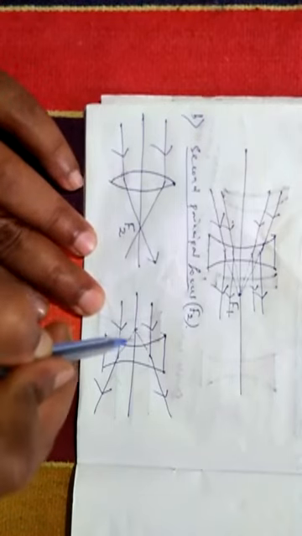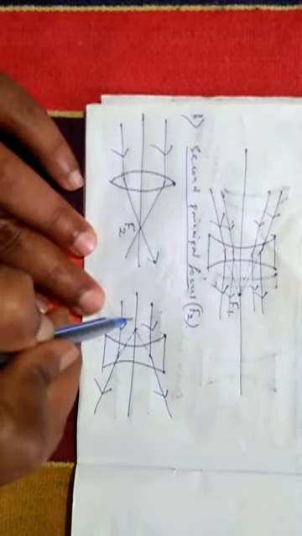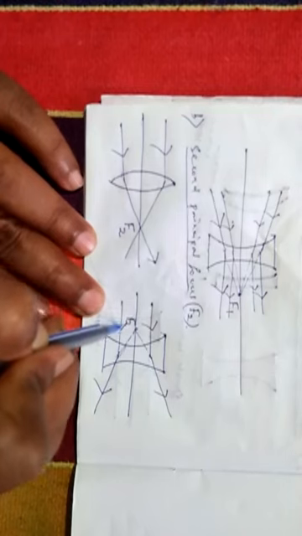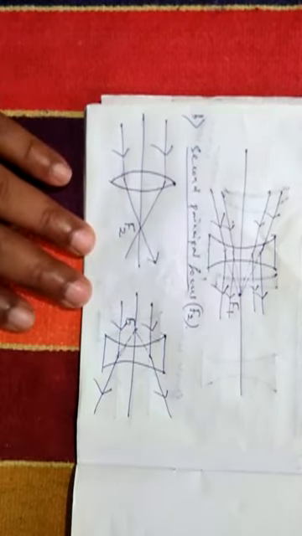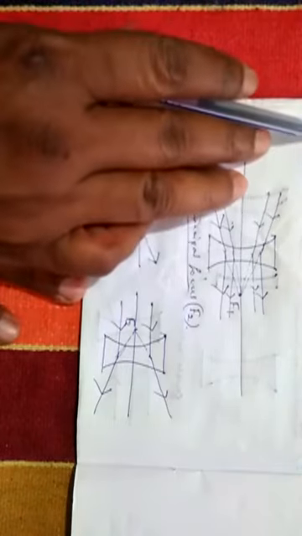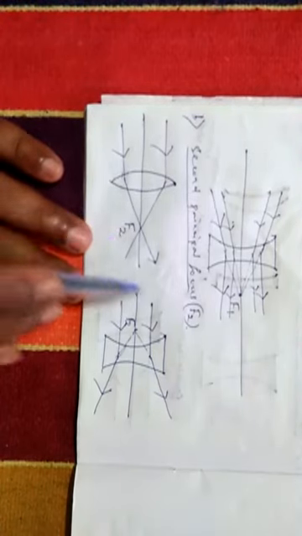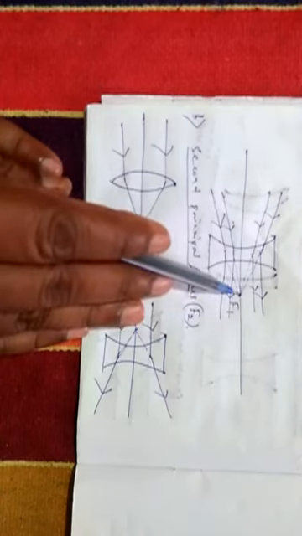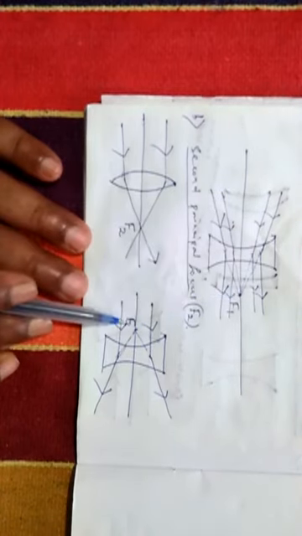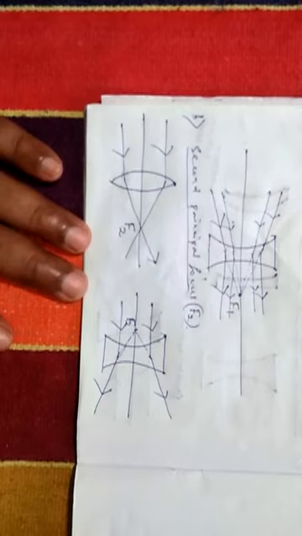So it appears to come from the point F2, and this is called second principal focus. Remember, both foci of a convex lens are real. This is real focus. This is real focus. And in case of a concave lens, both are virtual. This is virtual focus. This is also virtual focus.